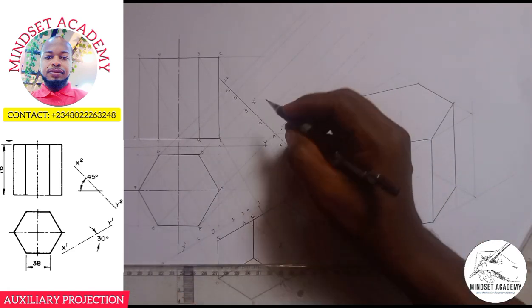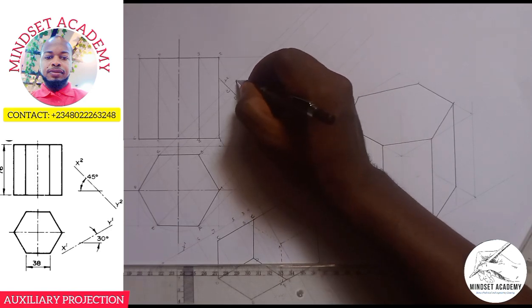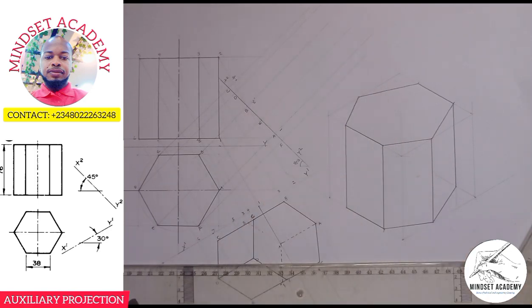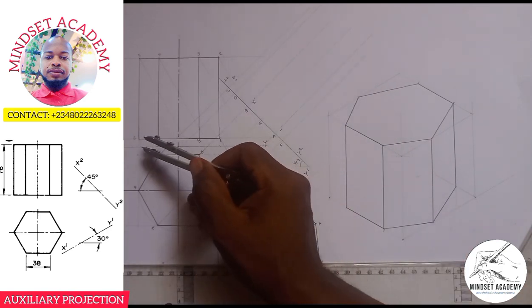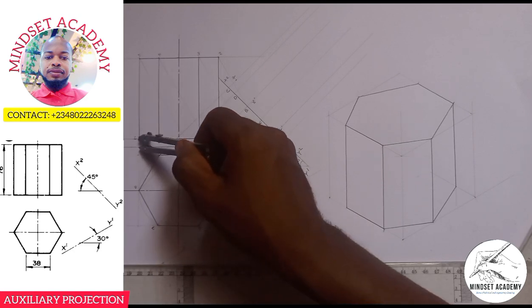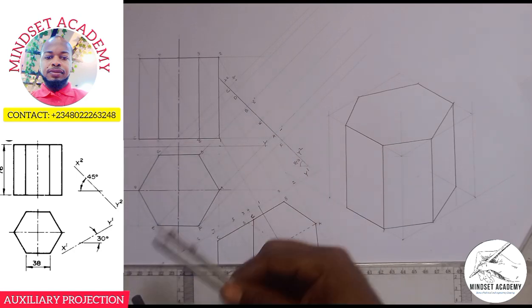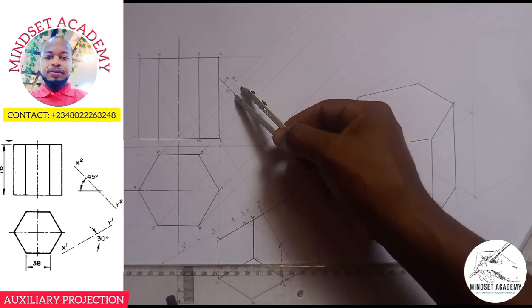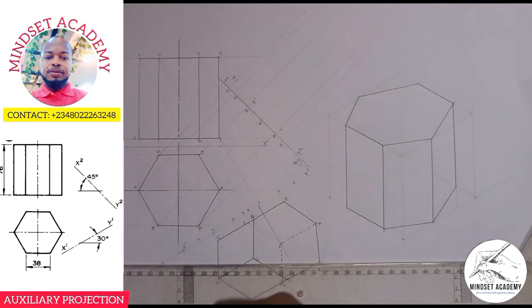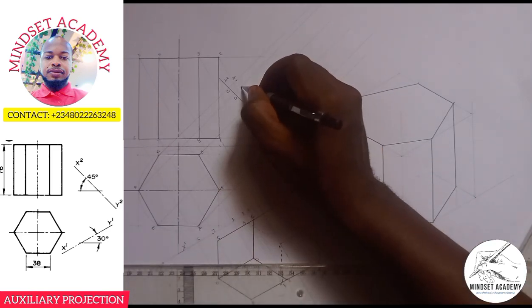This is your point 7 also. Then I'll come from the point of D also, I'm going to mark 2. So this is what we have on the point of D. Still the same measurement here. That will be your point 6.